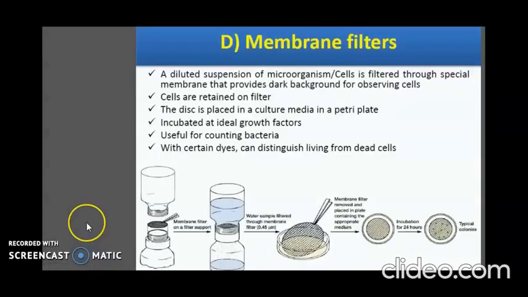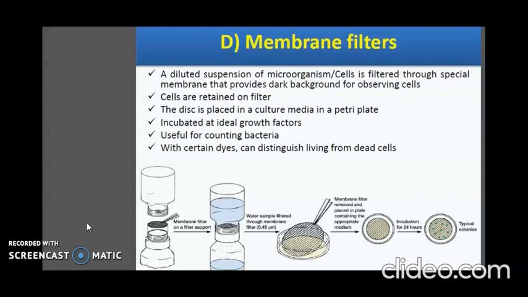The next indirect method for the determination of number of cells is the membrane filter method. A suspension of microorganisms, as in water or air, is filtered through a millipore filter membrane. The organisms are retained on the filter disc, and this disc is then placed in a petri dish containing a suitable medium.